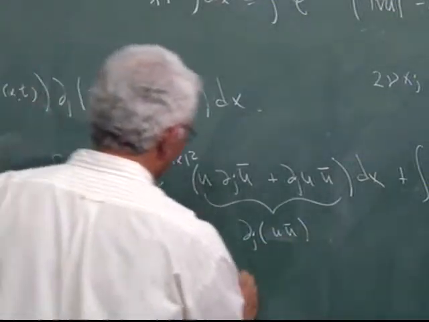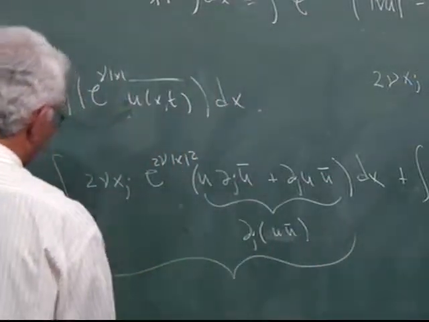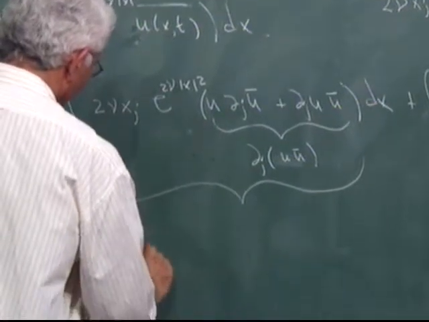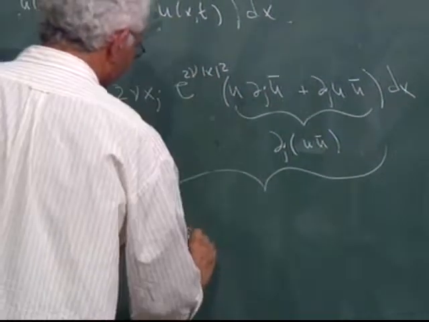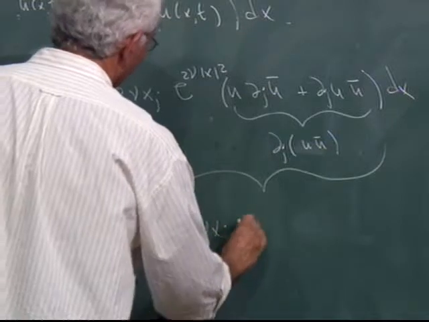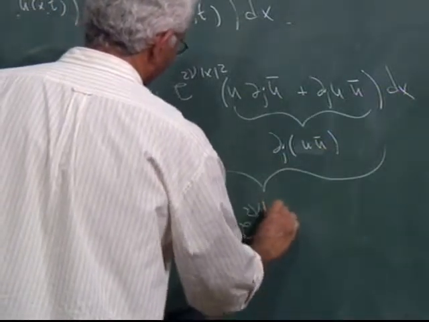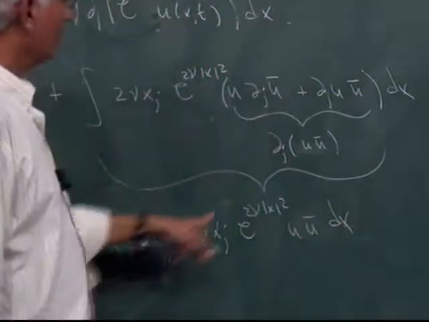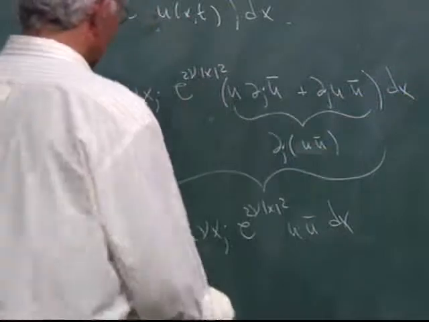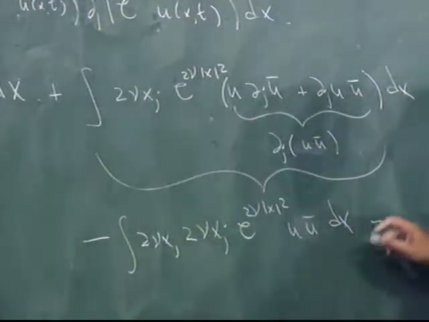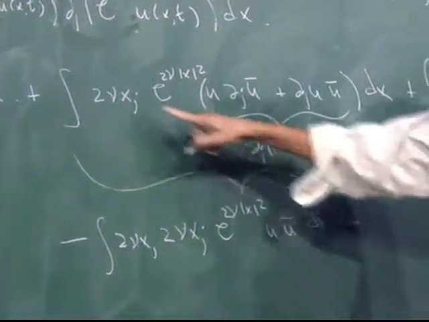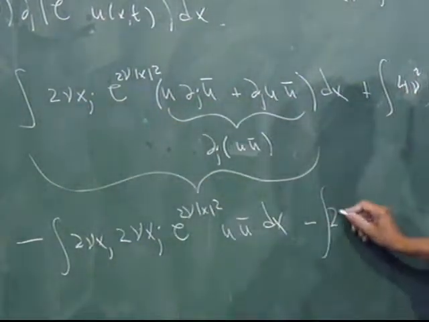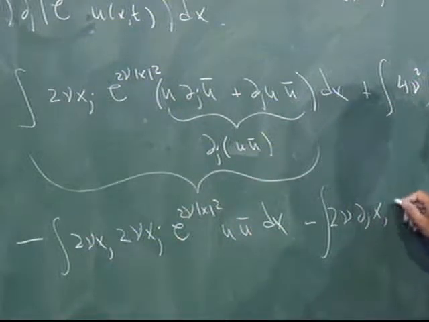This all is going to be minus, when this derivative hits here, twice this and twice this one, u conjugate dx. That is exactly what you just got there. And minus, you have when this derivative hits this one, d_j x_j.